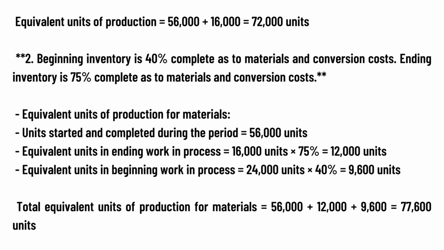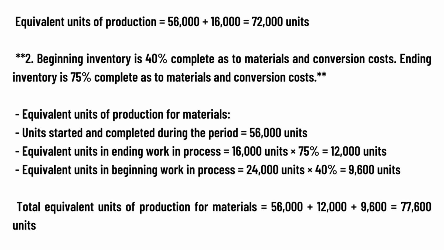Second, beginning inventory is 40% complete as to materials and conversion costs. Ending inventory is 75% complete as to materials and conversion costs. Equivalent units of production of materials: units started and completed during the period, 56,000 units. Equivalent units in ending work in process: 16,000 units multiplied by 75% is equal to 12,000 units.